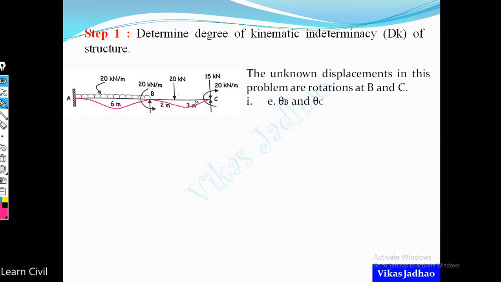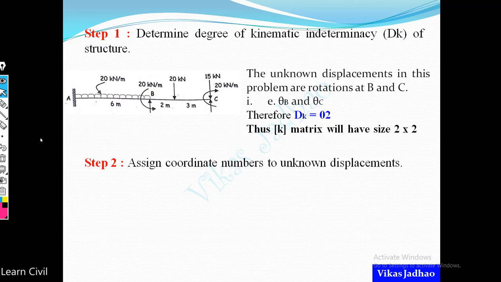Okay, so we can see here the unknown displacements are theta B, that is rotation at B, and theta C, that is rotation at C. So we will be having two unknown displacements here, and therefore the degree of kinematic indeterminacy for this particular problem will be 2, and thus the size of stiffness matrix for this particular problem will be 2 by 2 matrix.